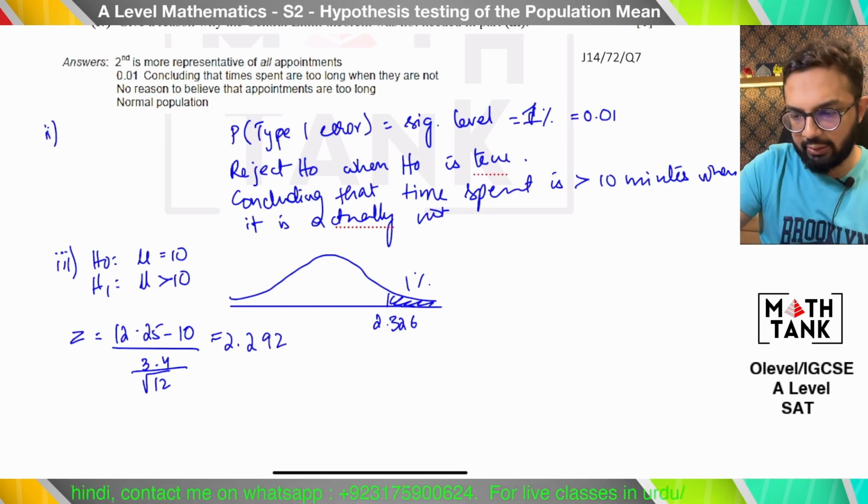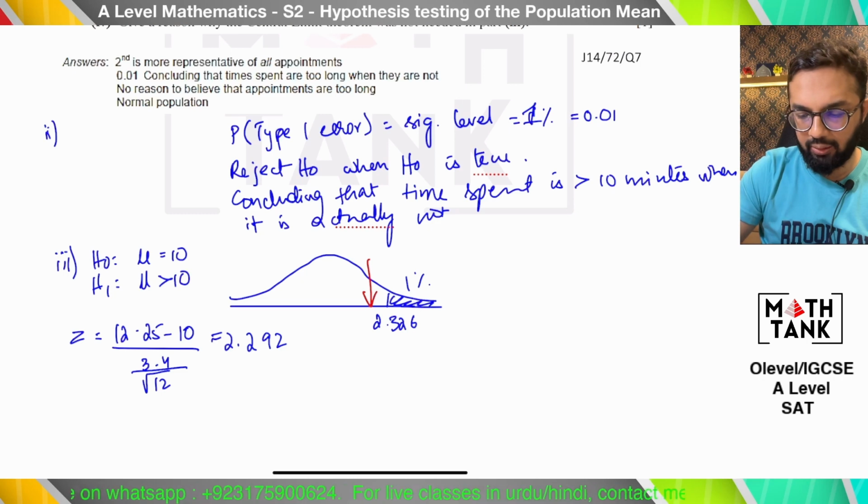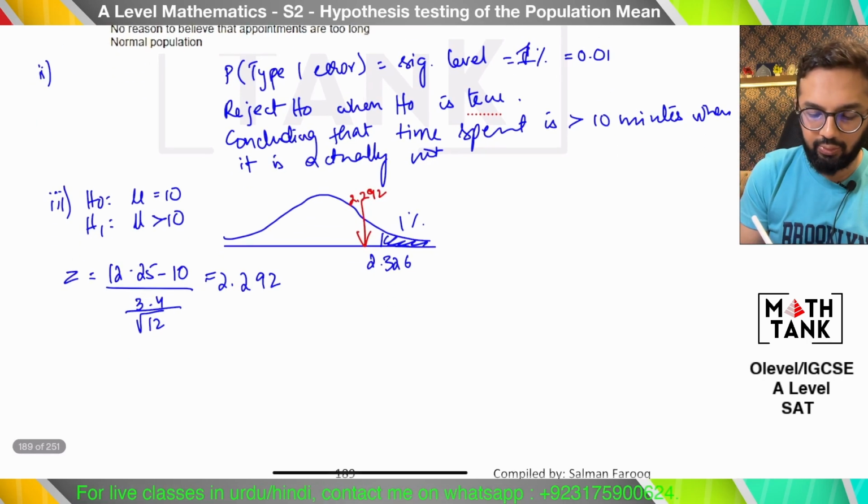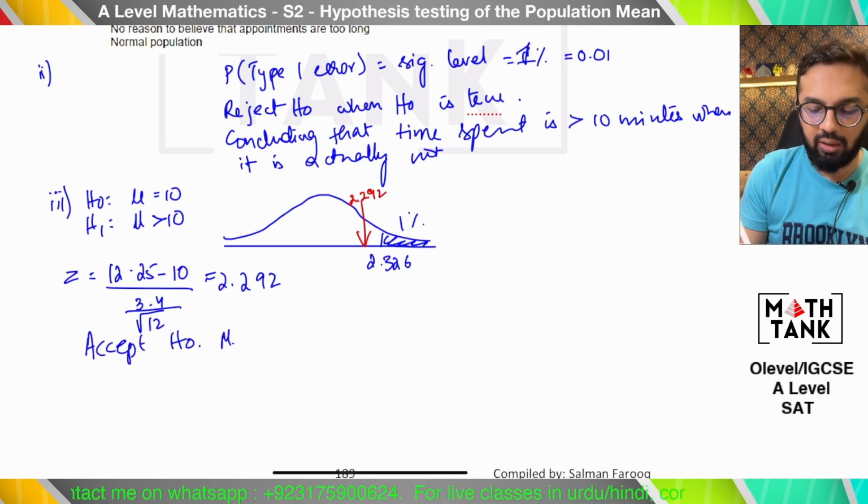That is not in the rejection region. 2.292 is somewhere here. Okay, so accept H naught, mean times are the same.